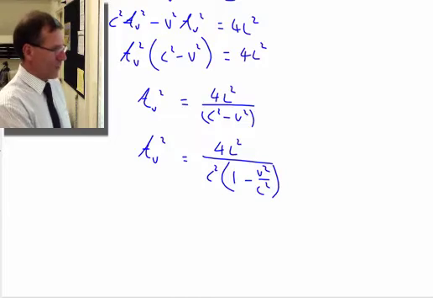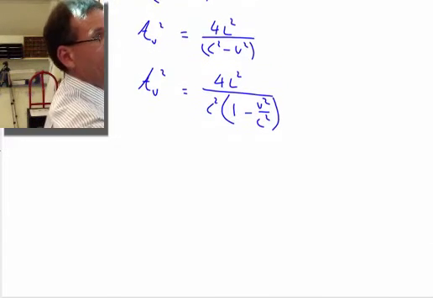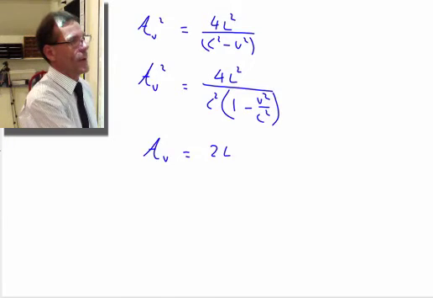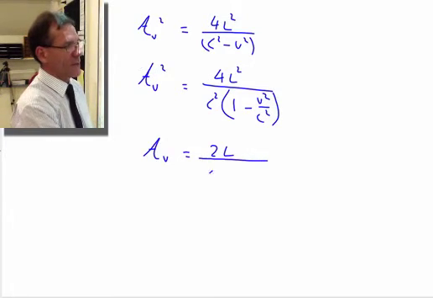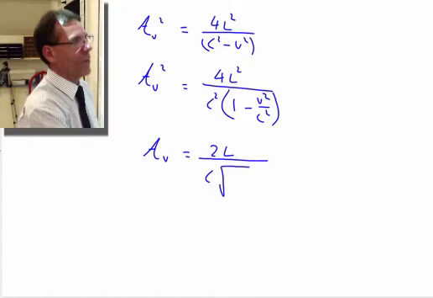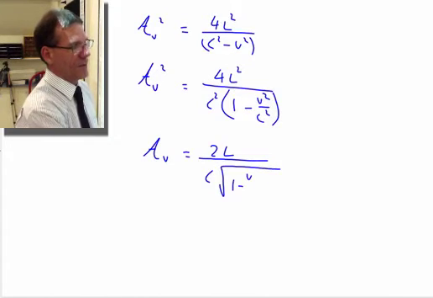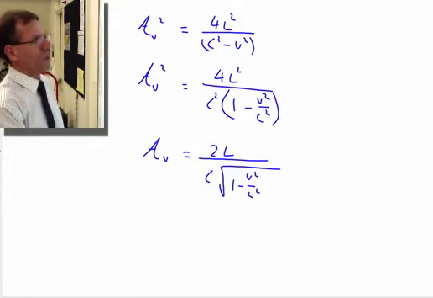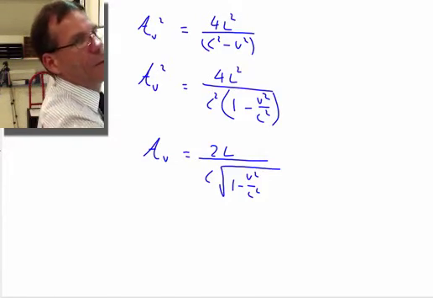We're going to take the square root of both sides. So that's going to give us TV equals 2L all on C times the square root of this term, 1 minus V squared on C squared. Now we're getting very, very close. What we need to remember is what T naught is equal to.